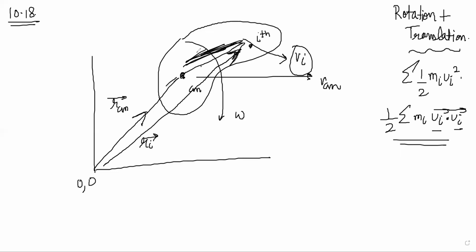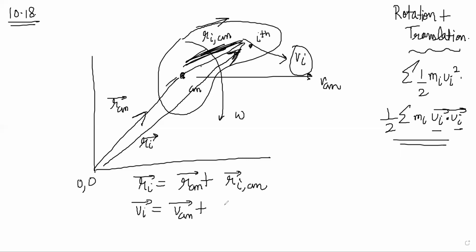Let's say this is called Ri comma CM. So we have Ri is equal to RCM plus Ri comma CM. If you differentiate this, you'll get Vi is equal to VCM plus d by dt of Ri comma CM.